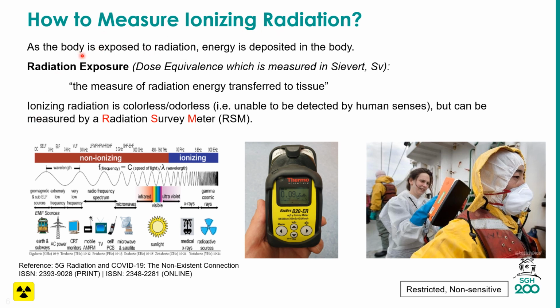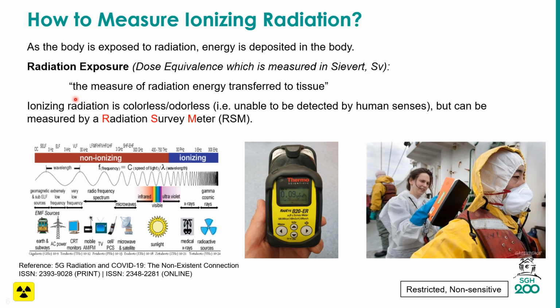As the body is exposed to radiation, energy is deposited inside the body. Radiation basically is a form of energy transfer, right? So the radiation exposure, or in some books they call it dose equivalence, is measured in a unit called sievert. This is a unit that we use to measure radiation. It's a very large unit, and generally in the hospital setting we will be looking at microsieverts or millisieverts.